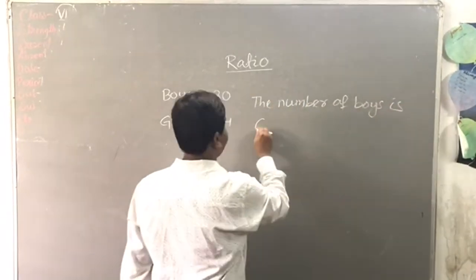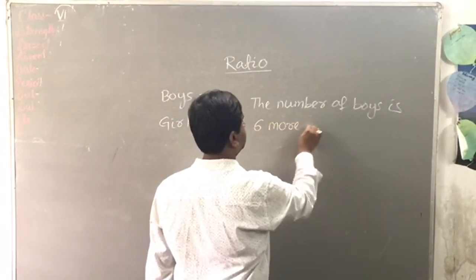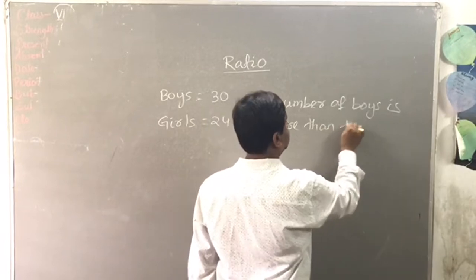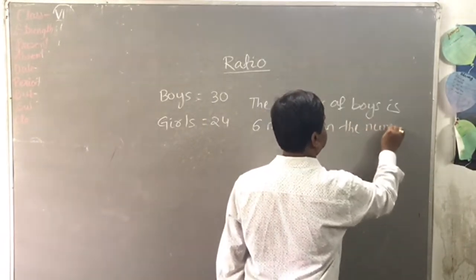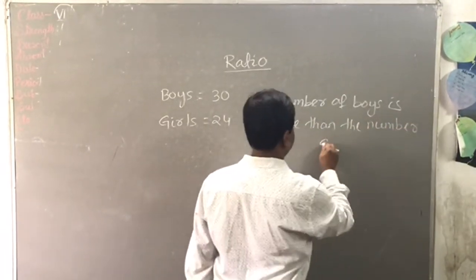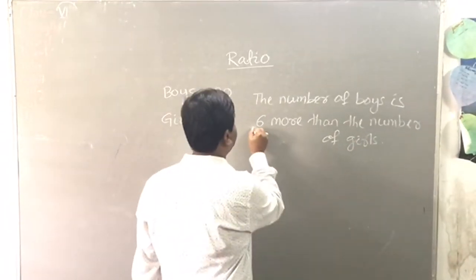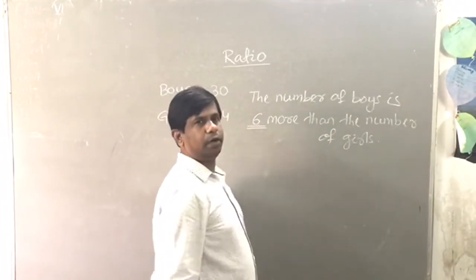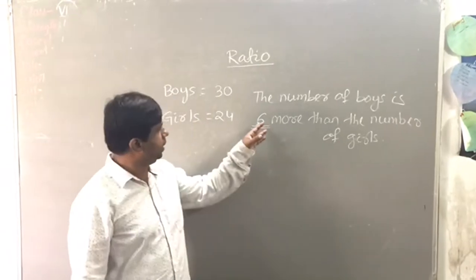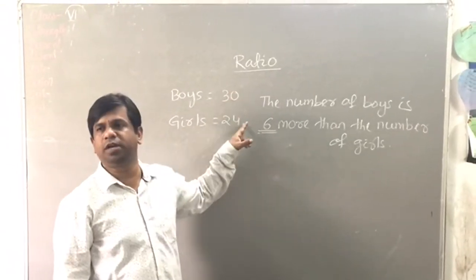This is one type of comparison, by difference, because 6 is the difference of 30 and 24.